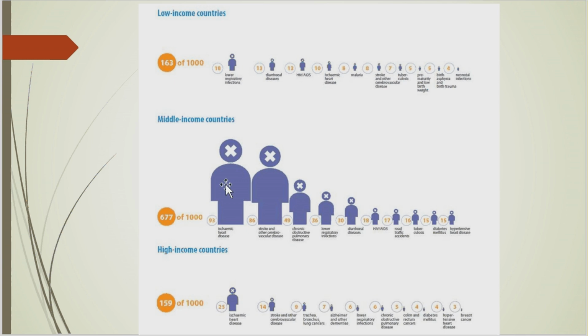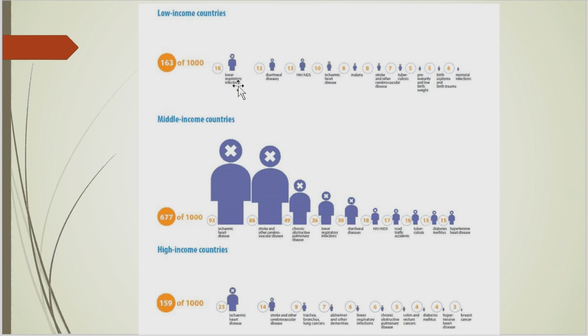In the middle income countries, we have heart disease, strokes, and obstructive pulmonary diseases. So these are all physiological diseases. Something has gone wrong with the human body. Similarly, in high-income countries, heart disease, stroke, and cancers are all also physiological diseases. Something has gone wrong with the body.